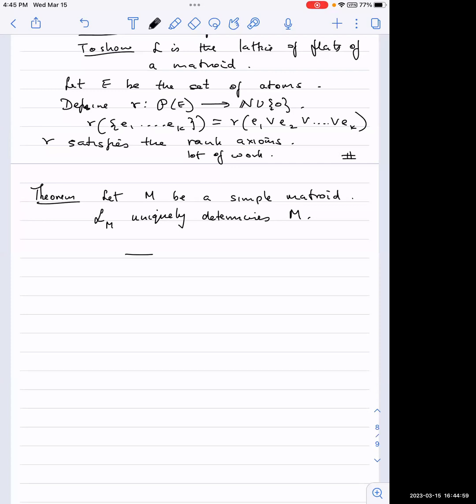Okay, so this is from somewhere else, right? So this is the way this book introduced lattice.